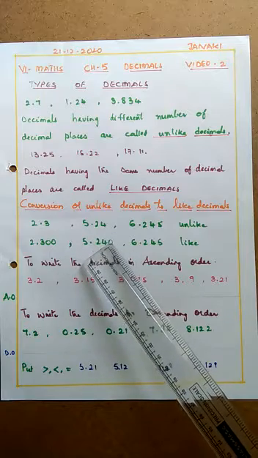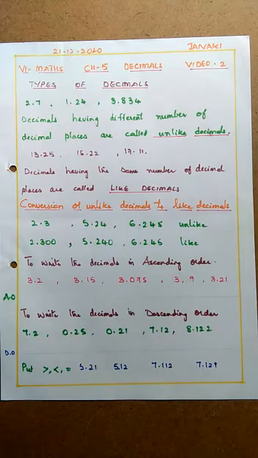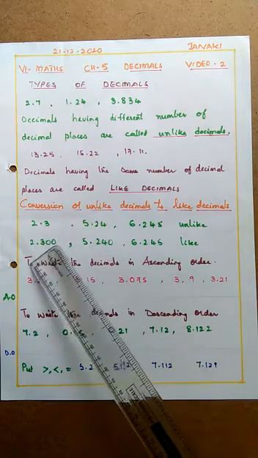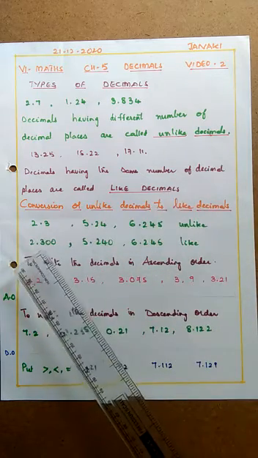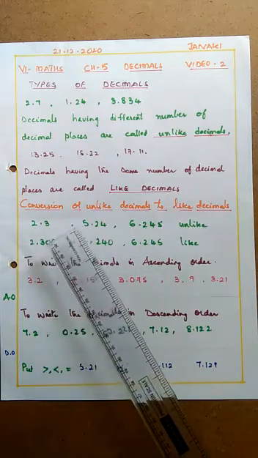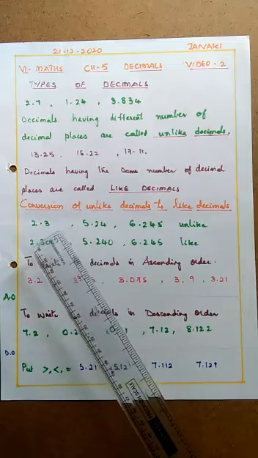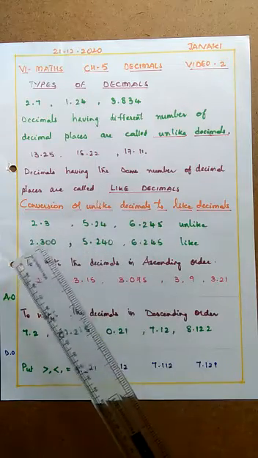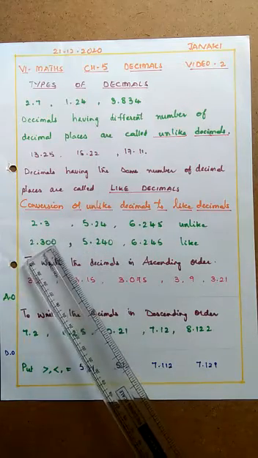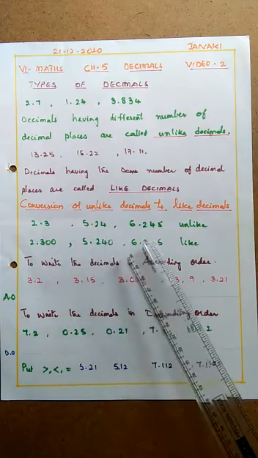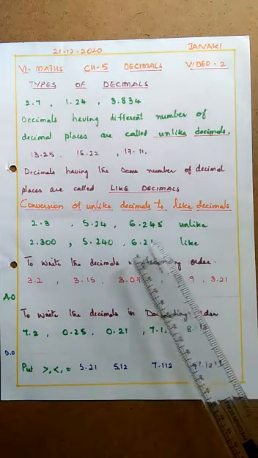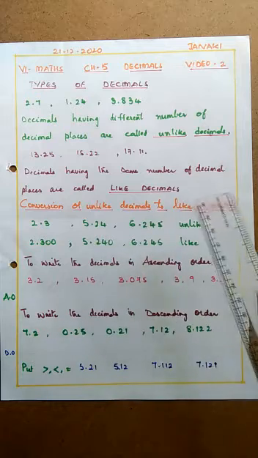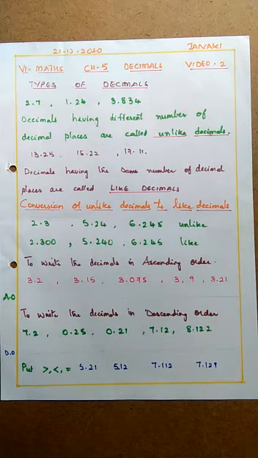Add one 0 to the extreme right. Remember that you are adding the zeros to the extreme right because the value of the decimal should not change. And this one has no zeros added because it has the maximum number of decimal places, and we have converted them into like decimals.